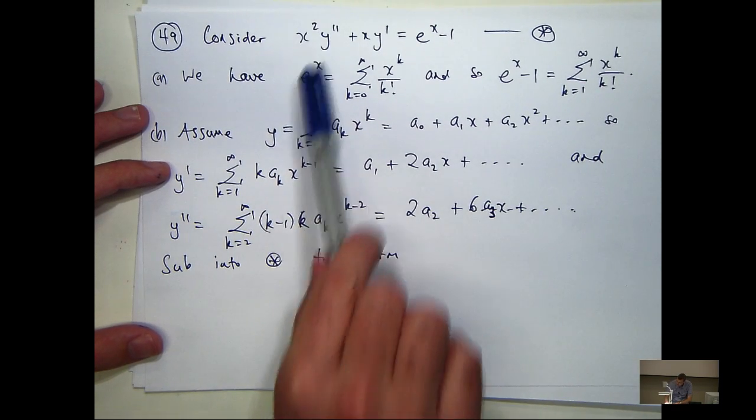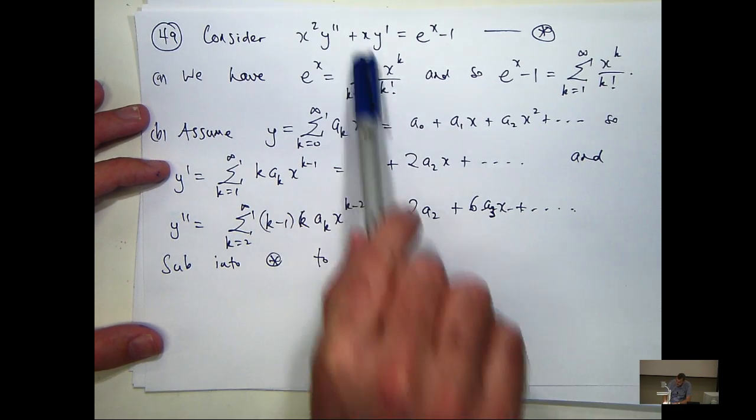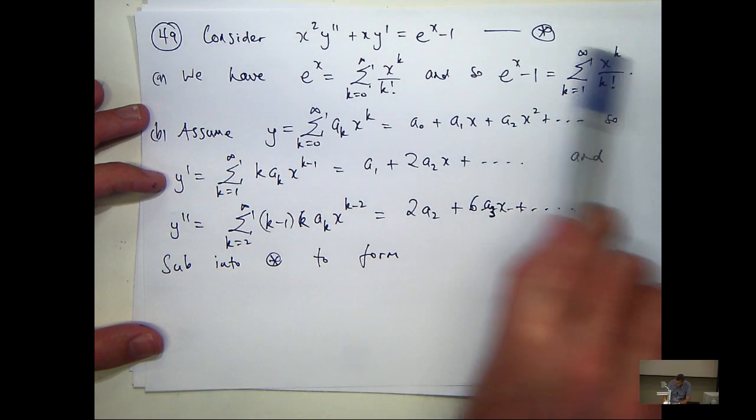on the left-hand side, I'm going to have x squared times this plus x times this equals this series.